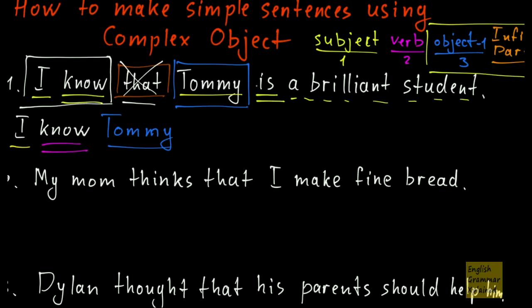Yes, I will use infinitive because that's the fact. Tommy is a brilliant student, that's the fact, not a process. So, I will use full infinitive, to be, and then I'll rewrite all other words. A brilliant student, and this is it. As simple as that.